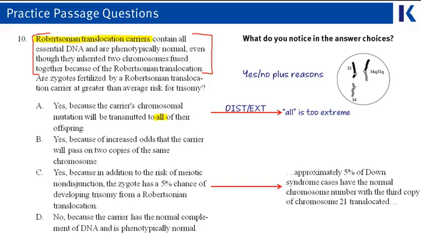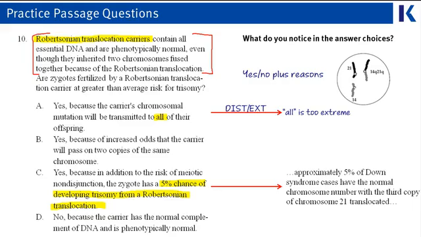But that is not the same thing as having a translocation and then a 5% chance of developing trisomy. Think about it this way. If 5% of car crashes result from texting while driving, that is not the same thing as saying that if you're texting while driving, you have a 5% chance of crashing.